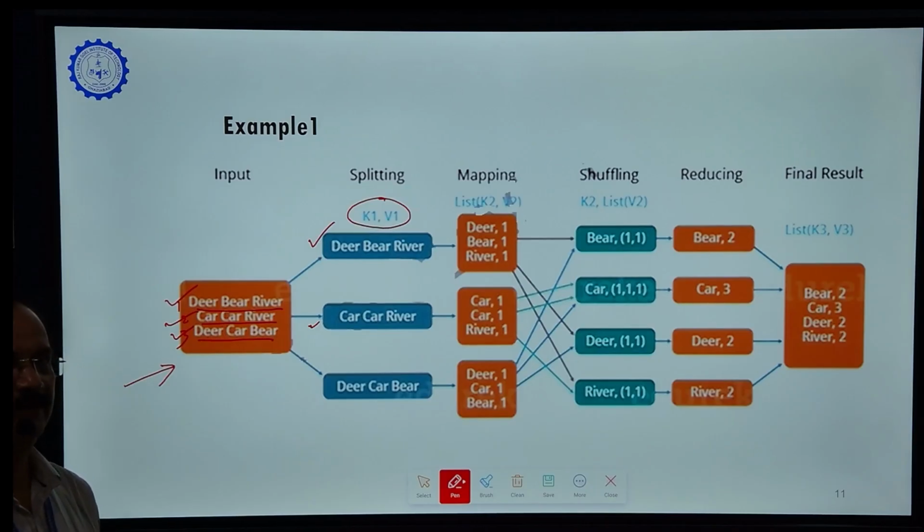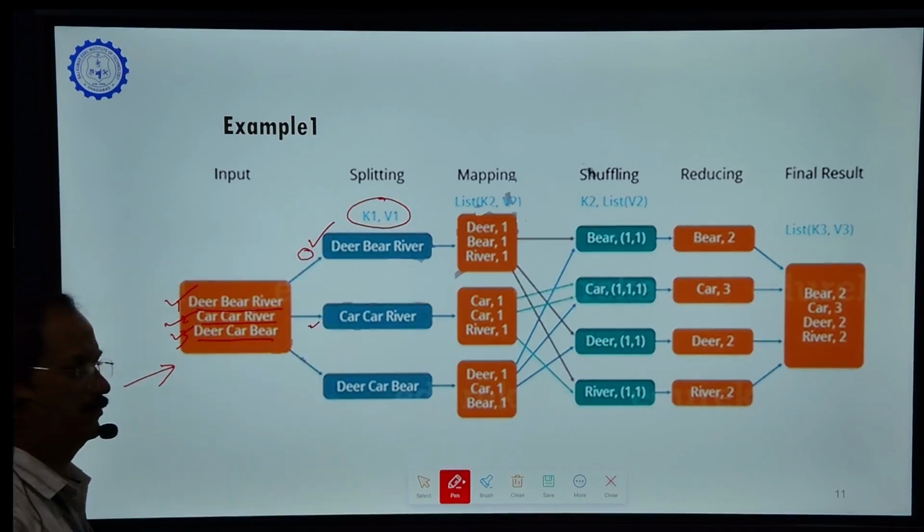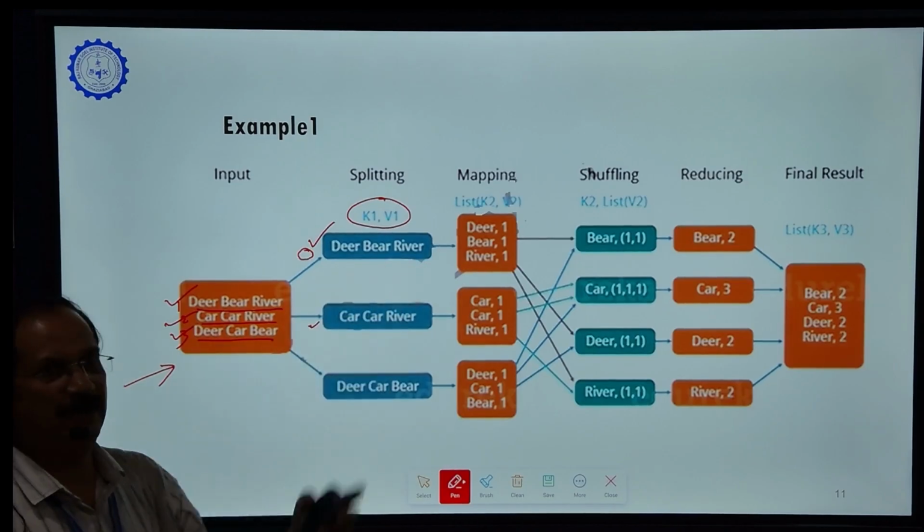But here the keys are represented with hexadecimal values. It means if this starts from 0, then this is the key value for this statement.